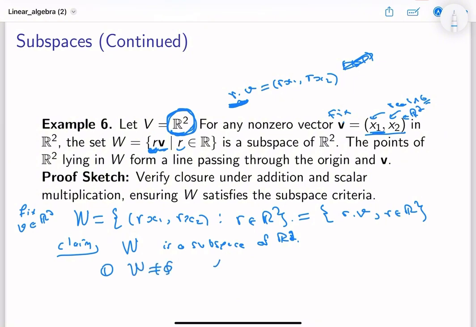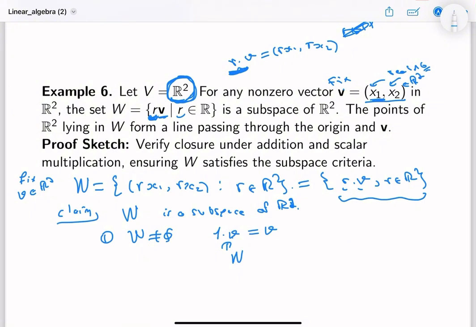Because 1 dot v, which is v, is in omega, because omega is the set of all vectors of the form real number times v. Well, you can take the vector 1 dot v, which is v. v is in omega, right? This is no surprise.